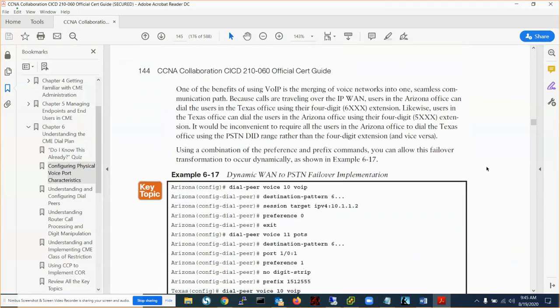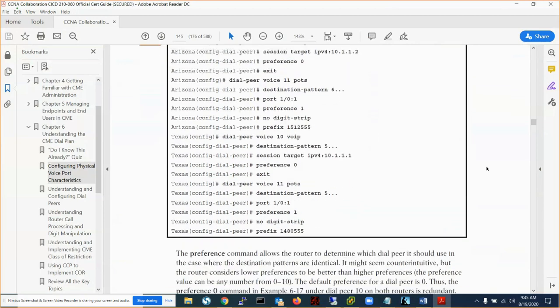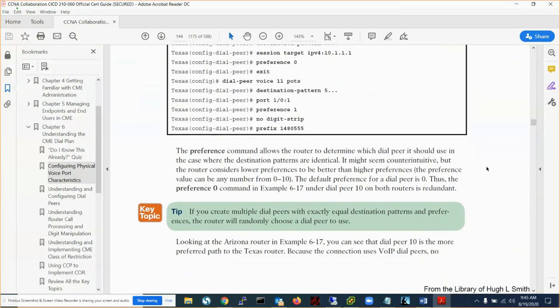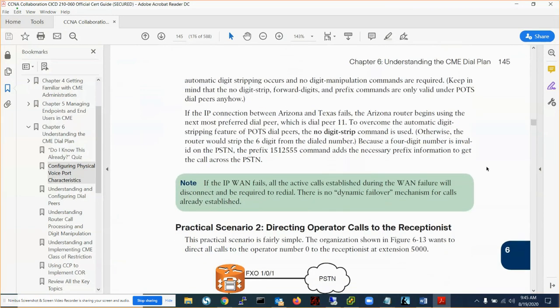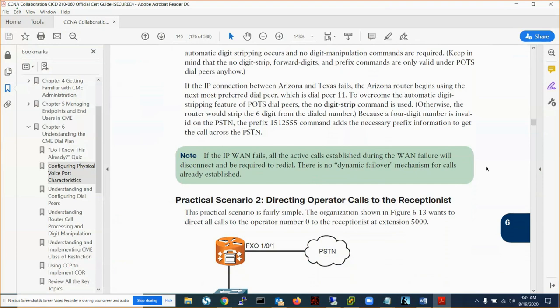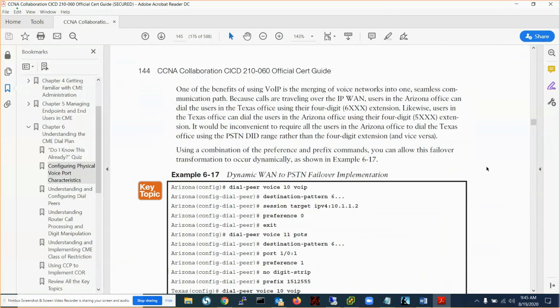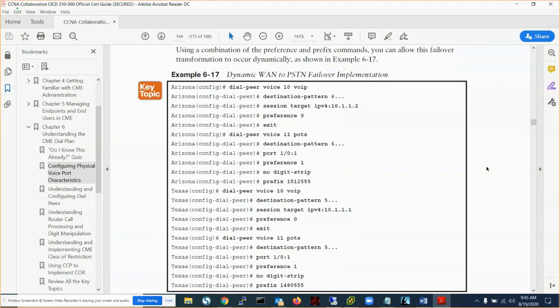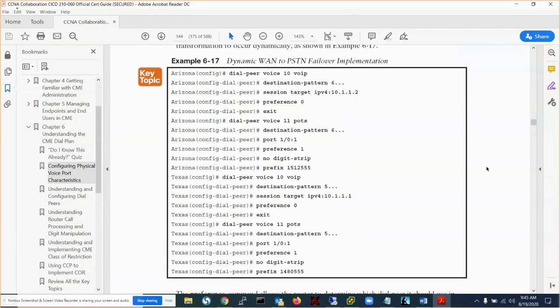We're talking about the digit strips, and that's why they have the no digit strip command.